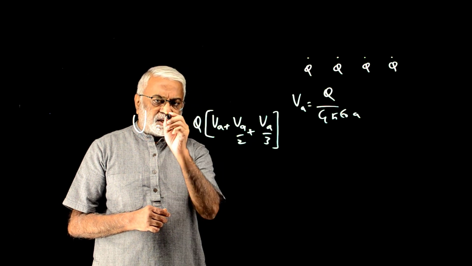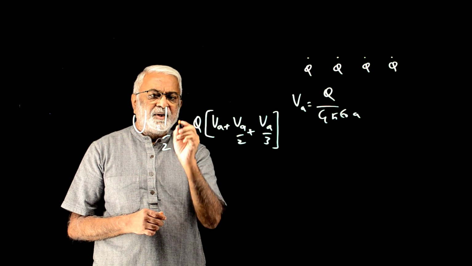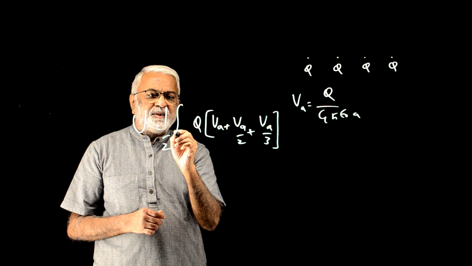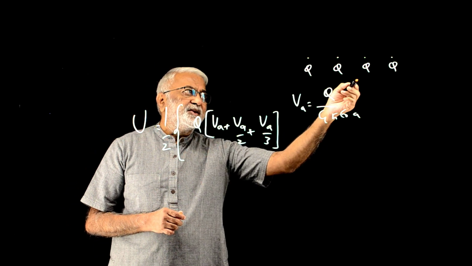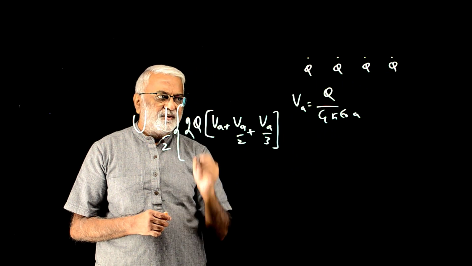We'll have a half here, we'll come to that later, let's put that half here. And what do you see here? The calculation for the fourth charge will be same as for the first one, so let's double this.